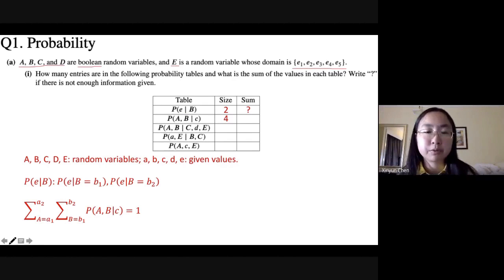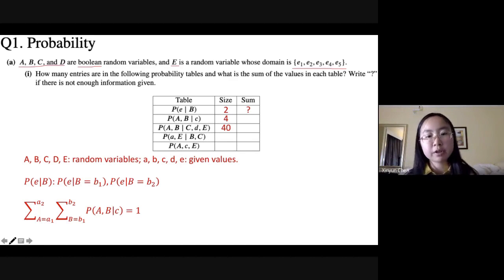For the third probability table, again, its size depends on different assignments of A, B, C, and E. There are 2 options for each of A, B, C, and 5 options for E. So the size should be 2 times 2 times 2 times 5, which is 40.